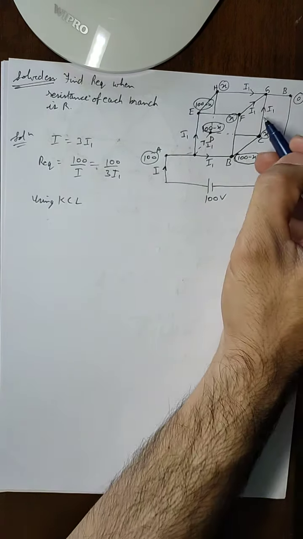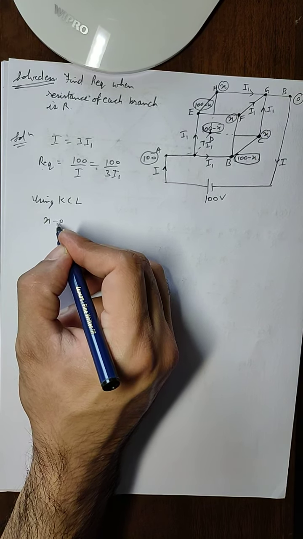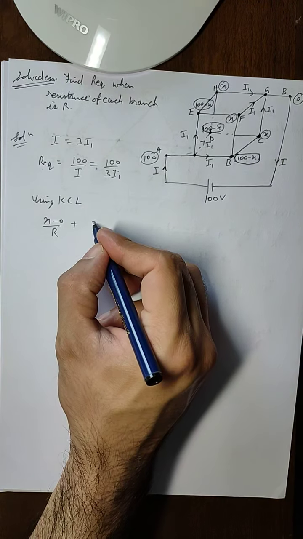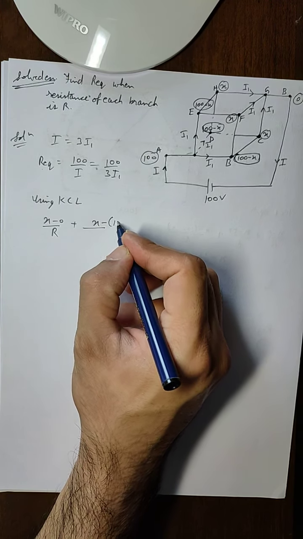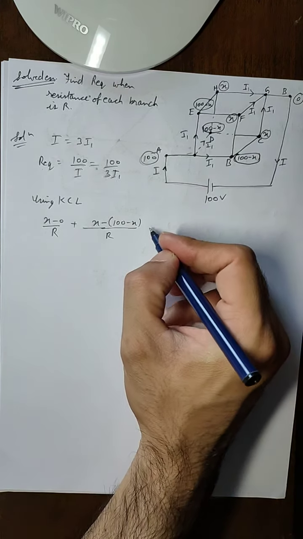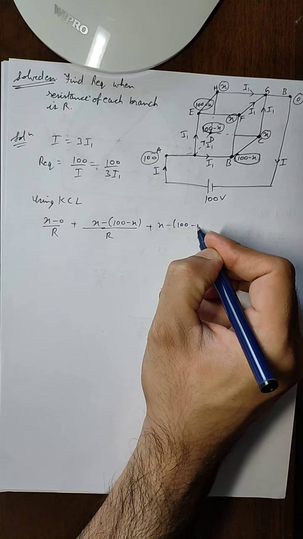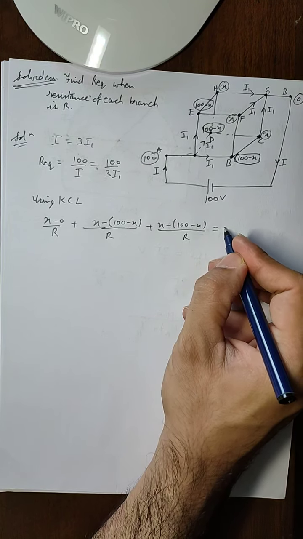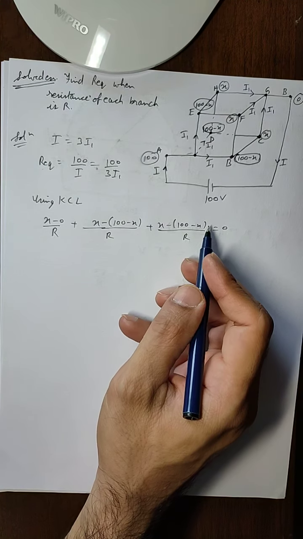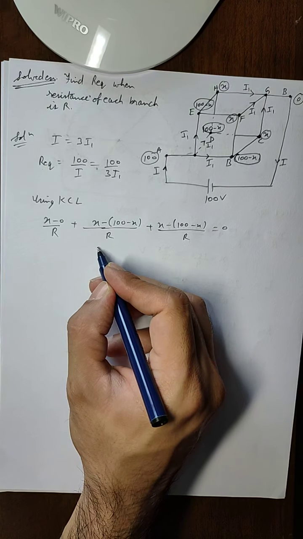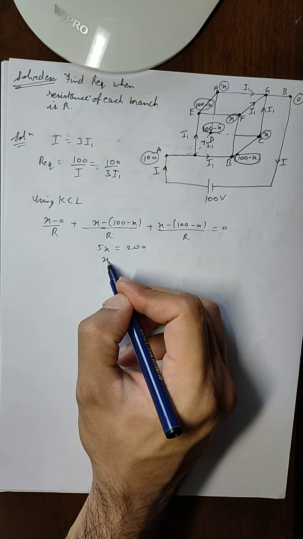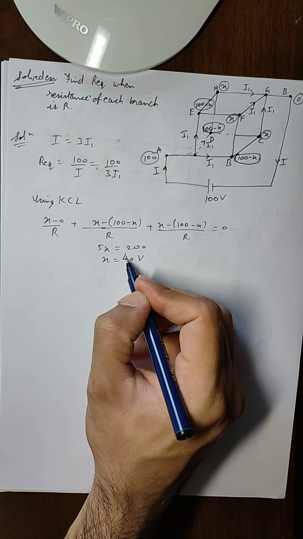So the current in this branch will be equal to X minus 0 upon R, plus the current in this branch, which will be X minus of 100 minus X upon R, and the current in this branch will also be X minus of 100 minus X upon R, and this should be equal to 0. Now if we solve this, R will get cancelled out and we will have 5X equal to 200, or X will be equal to 40 volts.